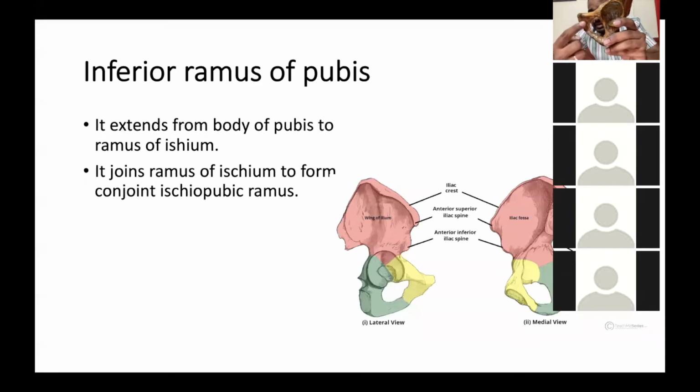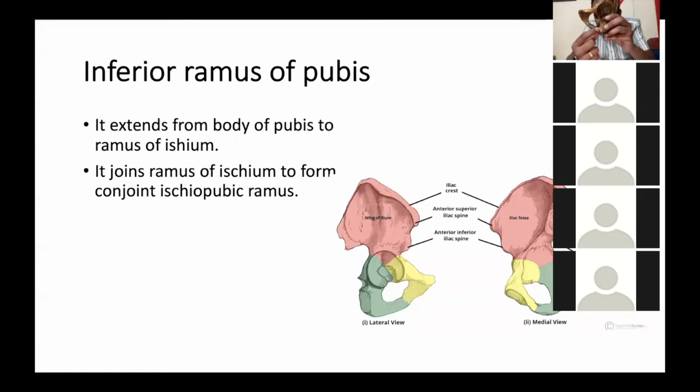This inferior ramus joins with the ramus of the ischium to form the ischiopubic ramus. Is my voice audible? Conjoined, yes.